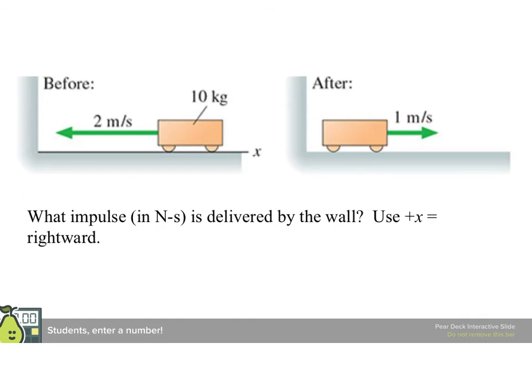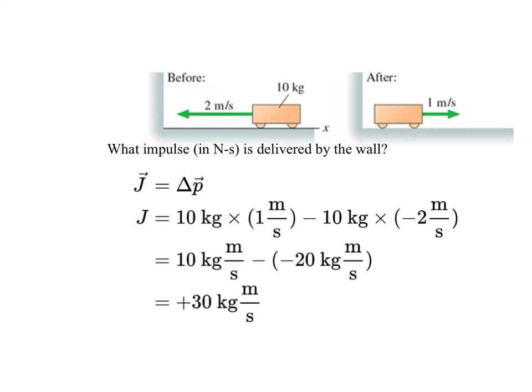What impulse in newton seconds is delivered by this wall, using plus x as rightward? Here we just compute J is delta P, and we end up that we're moving rightward at the end, so we have plus 1 here.